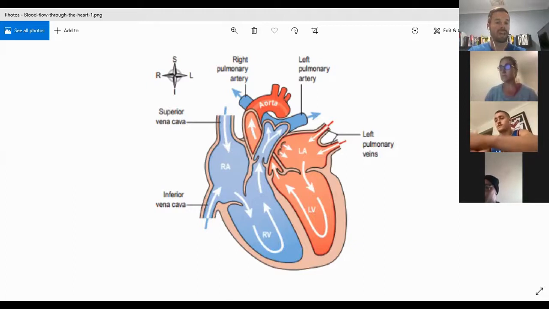Its job is to take deoxygenated blood from the lower body and bring it back to the right side of the heart. Imagine you're cycling up a hill, pumping blood to your quads. The quads have taken all the oxygen away from that blood, and now it's being pumped back up through your veins, through that big vein into your heart. That's called the inferior vena cava.